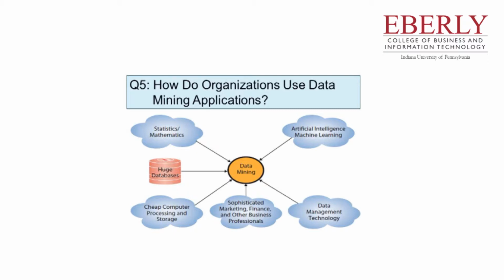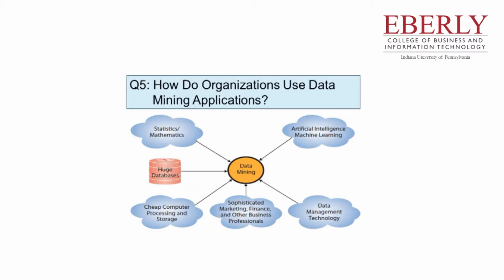Data mining is the application of statistical techniques to find patterns and relationships among data for classification and prediction. Figure 9.19 shows that data mining resulted from a convergence of disciplines. Data mining techniques emerged from statistics and mathematics and from the artificial intelligence and machine learning fields in computer science.